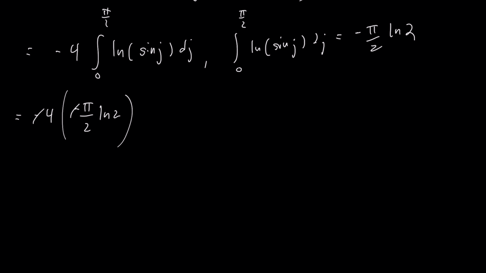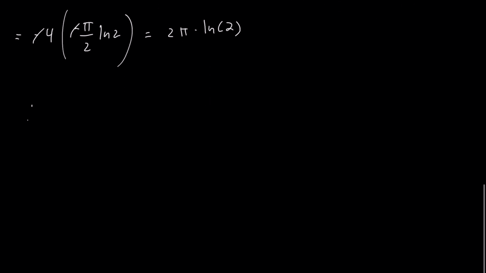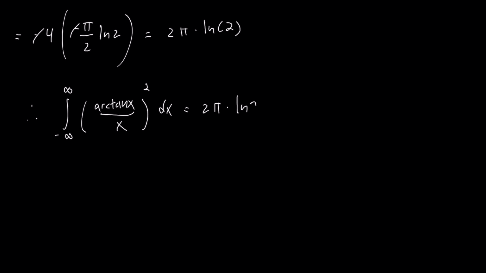The negatives cancel. 4 over 2 is 2, and we're left with 2 pi times the natural log of 2. So now we could say that therefore the integral from minus infinity to infinity of the arctangent of x over x, quantity squared, dx evaluates to 2 pi times the natural log of 2. And so this is the final result.